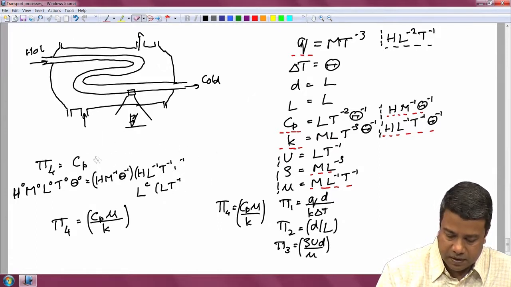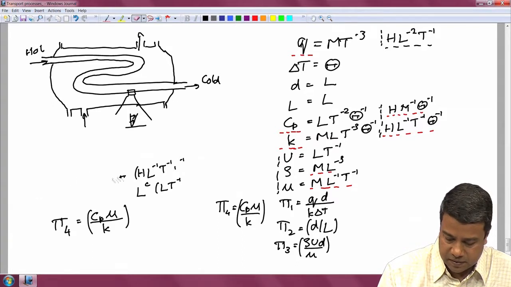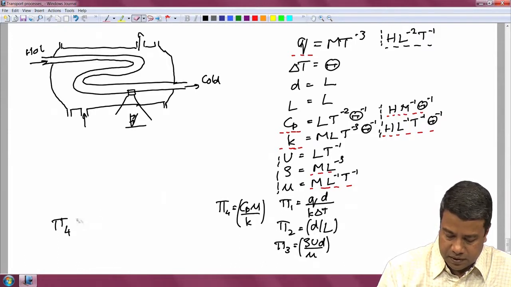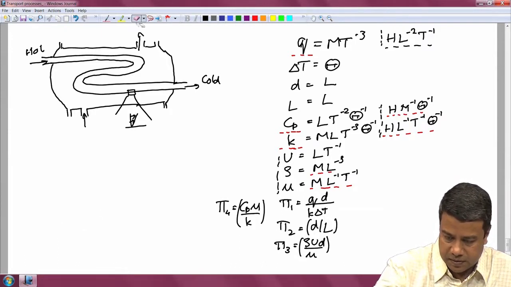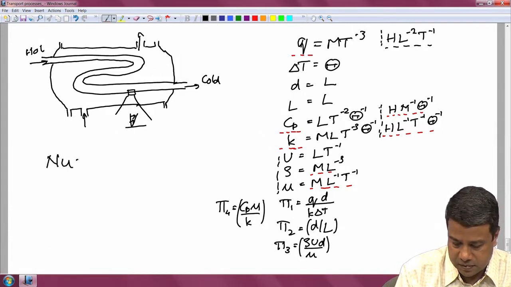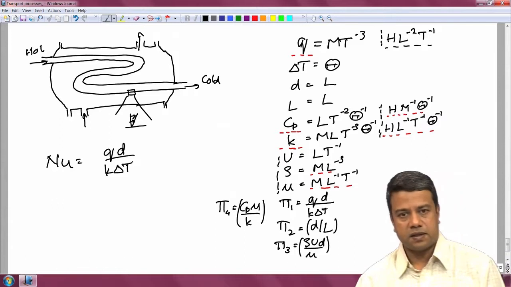The dependent dimensionless group is a non-dimensional heat flux. It is called the Nusselt number. The Nusselt number is a non-dimensional heat flux, which is Q d by K delta T. That is the dependent.